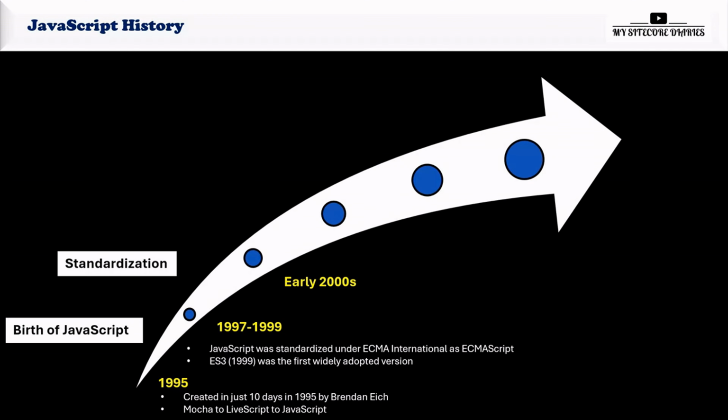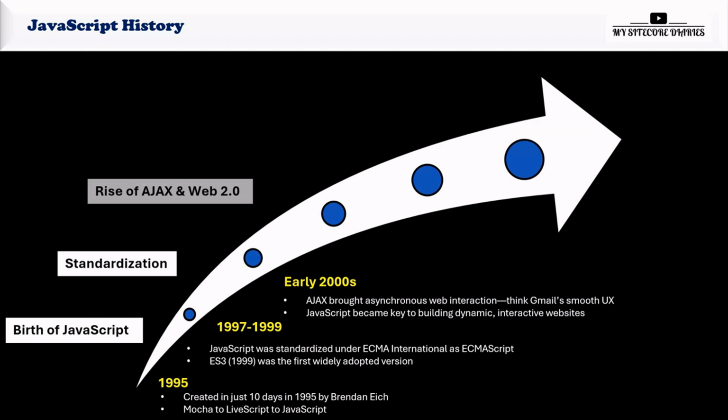Moving into the early 2000s, the rise of Ajax changed everything. It allowed asynchronous data loading, making web applications like Gmail smoother and more interactive. This was the beginning of what we call Web 2.0, a shift to dynamic, user-friendly experiences.